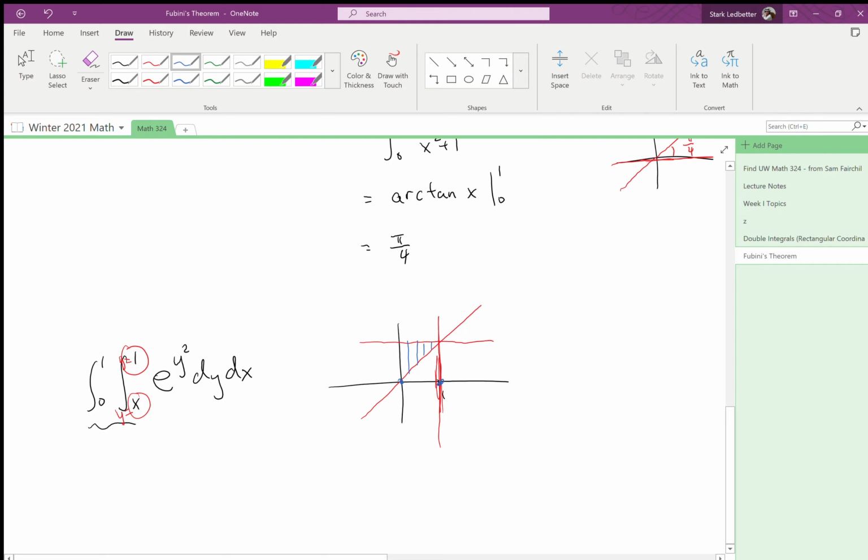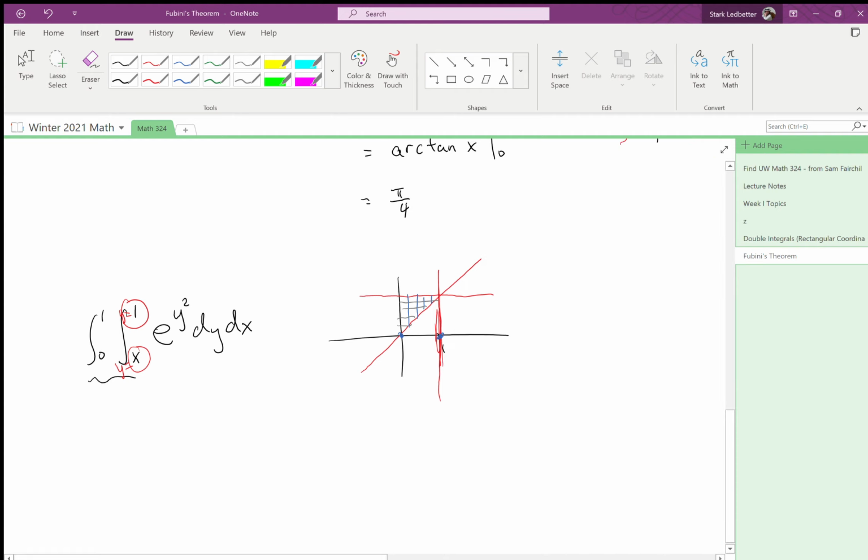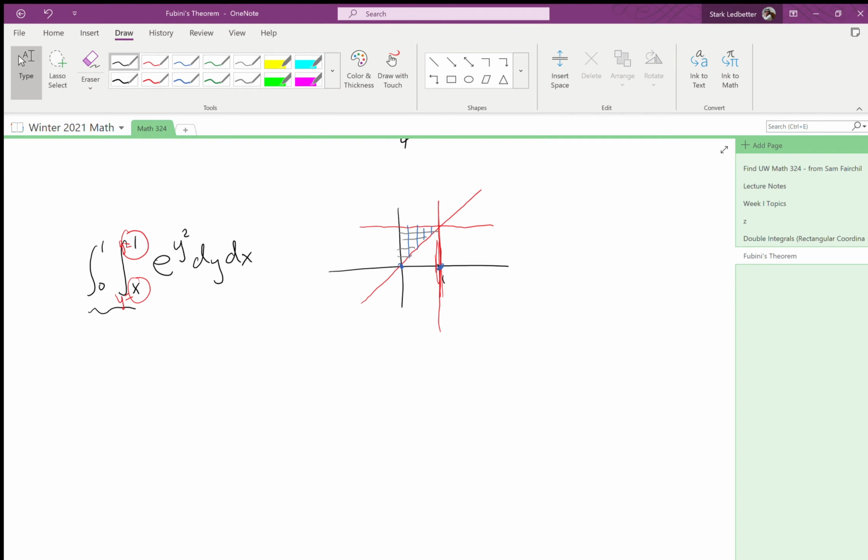So right now we're integrating with vertical lines. And now, to switch the order of integration, we want to go to horizontal lines. So what does that say? The function's not going to change, e to the y squared. That says as y goes from 0 to 1, dy is on the outside, then x, the horizontal line, is going to go from 0 to this curve, y equals x.